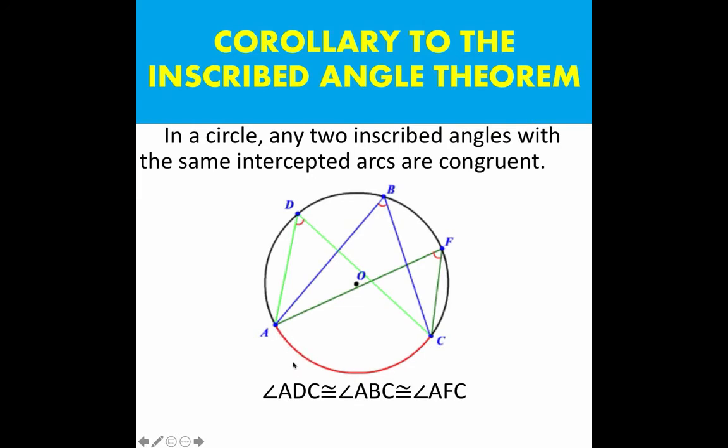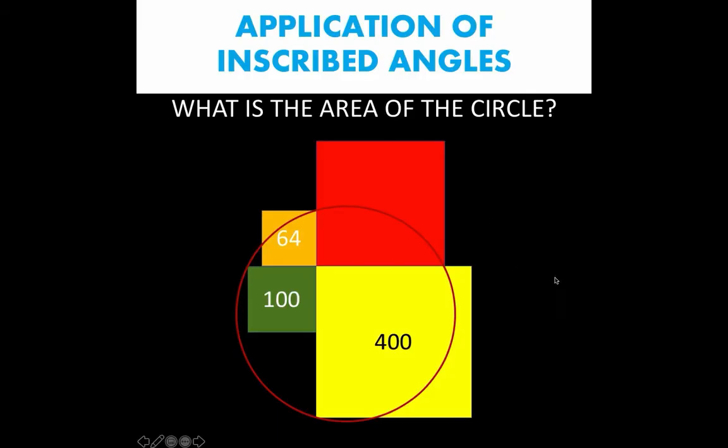Then our conclusion is angle ADC is congruent to angle ABC, congruent to angle AFC, because all of these 3 inscribed angles are subtended by the same arc AC. We are going to apply these theorems in order to solve our problem for today. So let's go back to our problem.